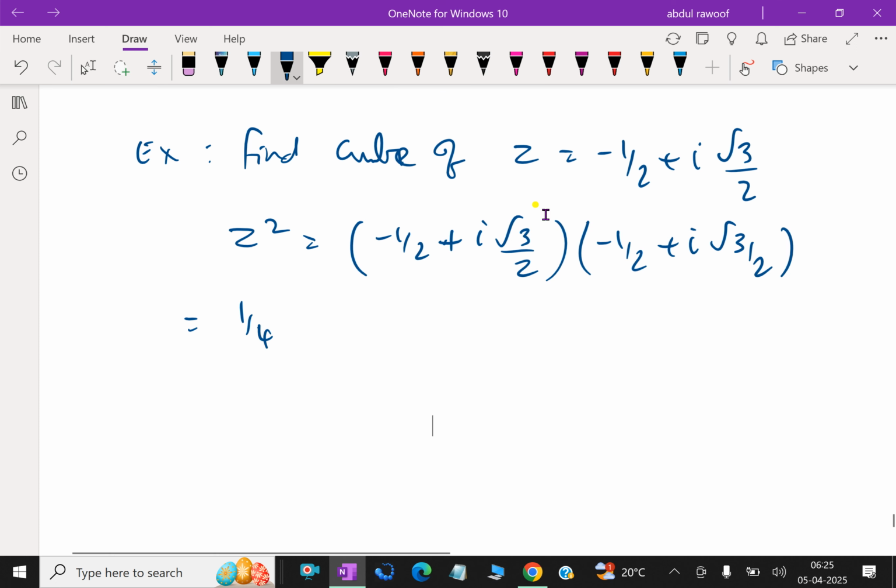Then minus half into I root 3 by 2 is minus I root 3 by 4, and again minus I root 3 by 4. Then I into I is I square, that is minus 1, and root 3 into root 3 is 3 by 4.